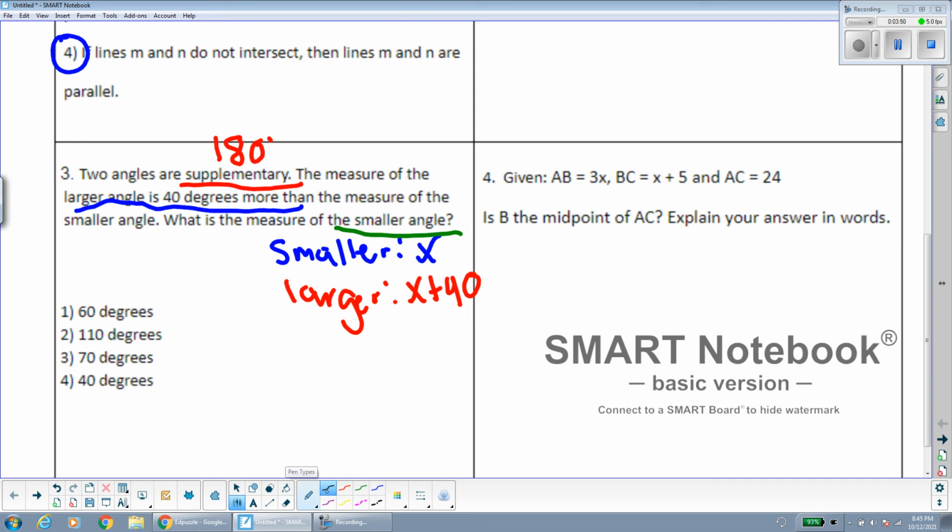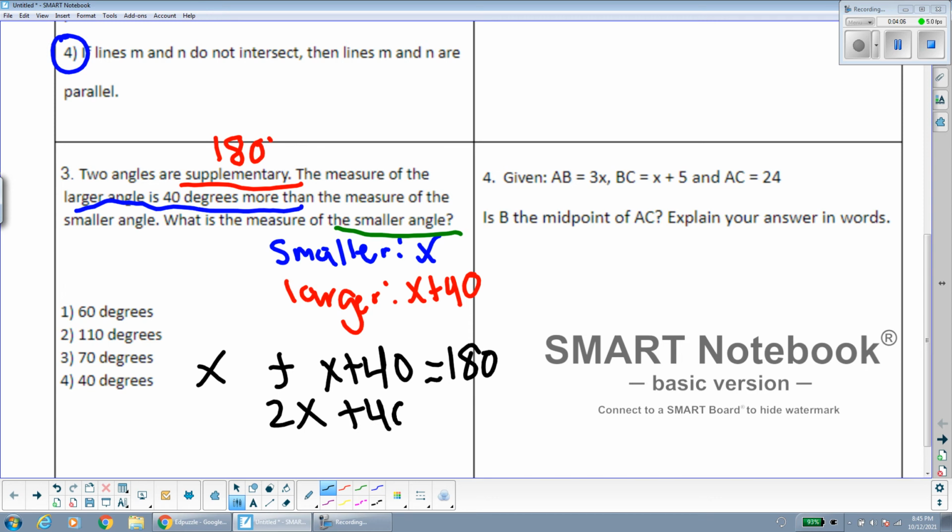Now we can make an equation that says if we add up the smaller angle and the larger angle together, then we get 180 degrees because they're supplementary. Combine your like terms, x plus x is 2x. Subtract 40 on both sides. We have 2x is equal to 140.